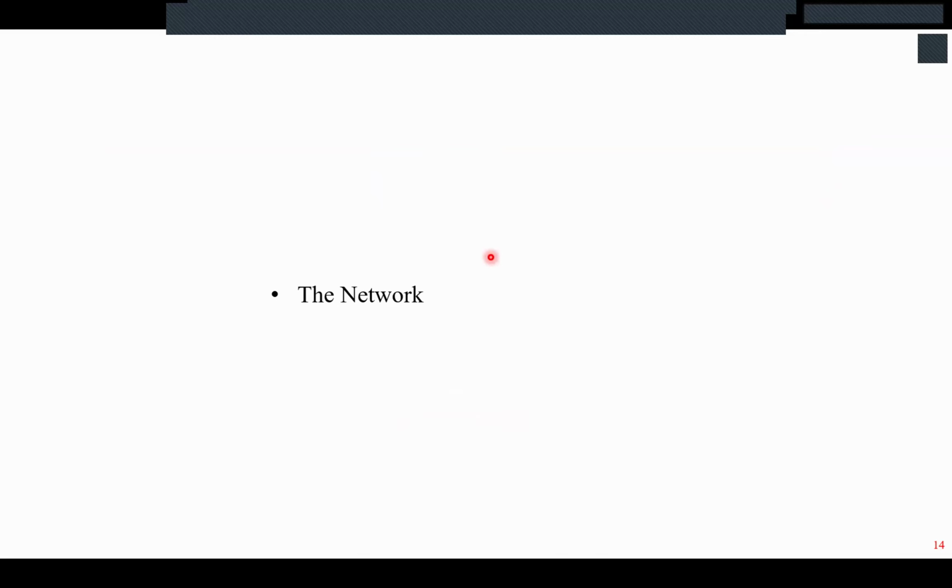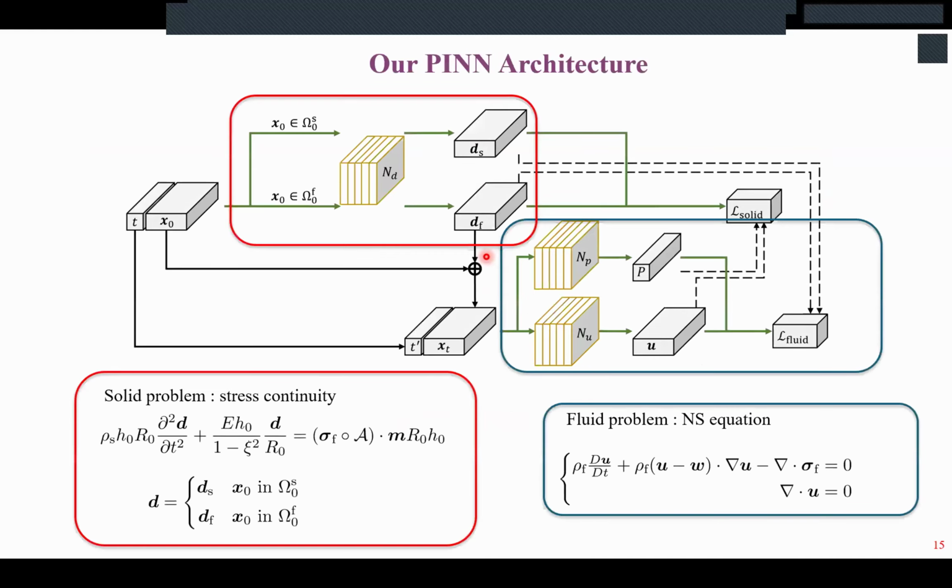Then we introduce the networks that we use to solve this problem. The architecture is basically that we use one network for the computation of each variable. N_d is used for computing the displacement, and this is the only network for the solid problem.